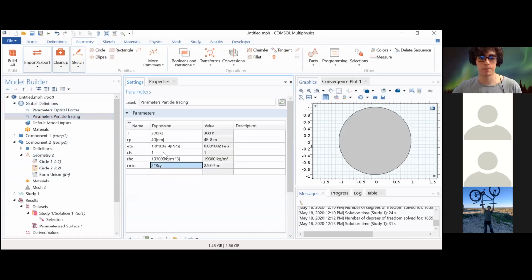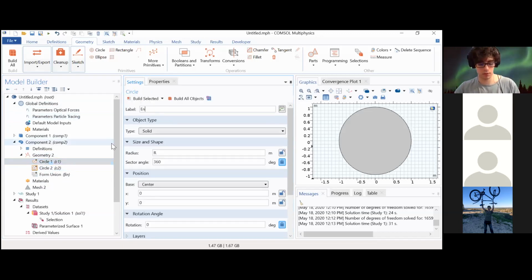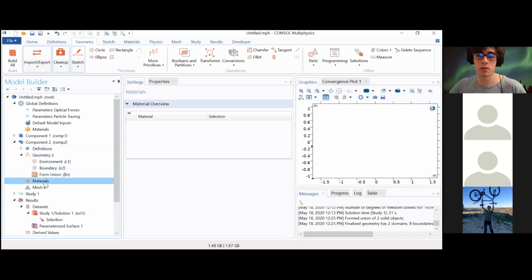I will explain why we need it in a second. So environment and boundary. Now, we don't need to define any materials in this case.